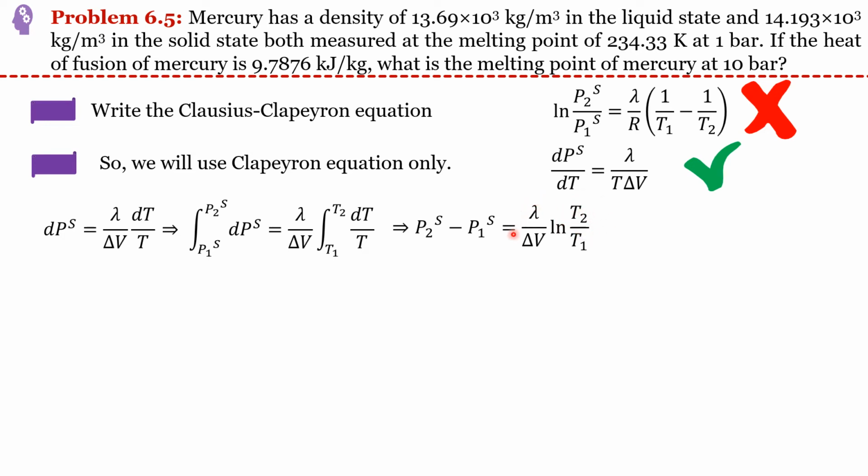Further, lambda is given, that is, the latent heat of fusion for mercury. Now we also have to estimate the change in molar volume. In the problem, the volume is given in the liquid state and solid state, so we have to find that change.